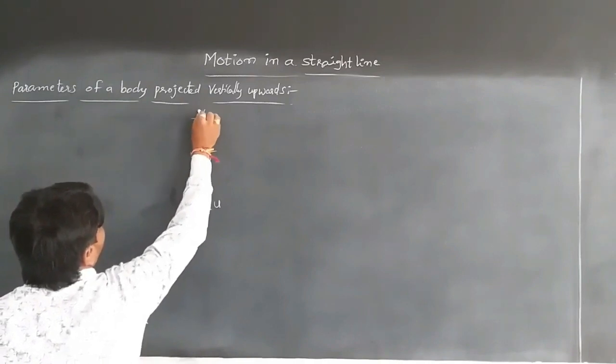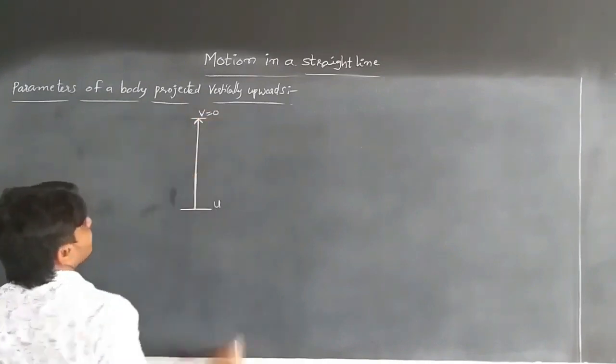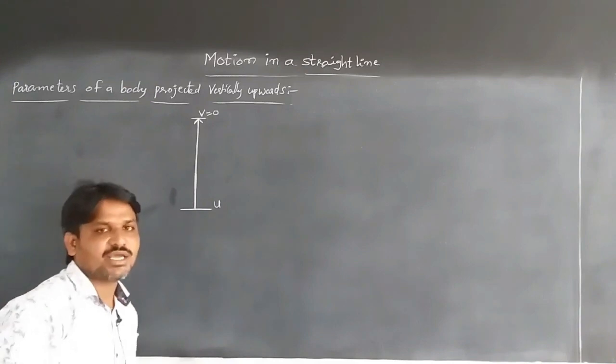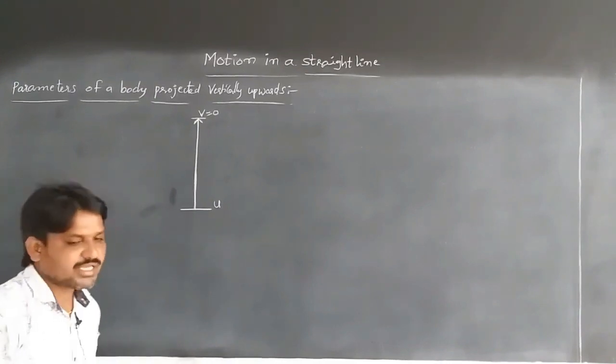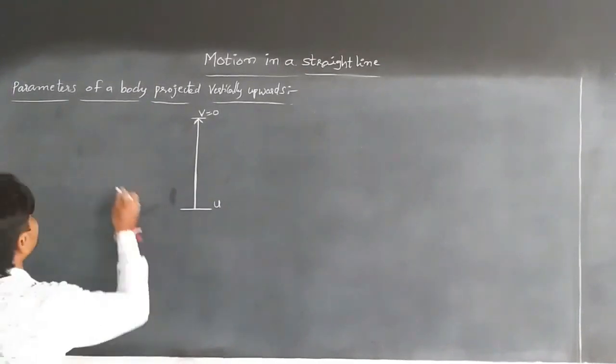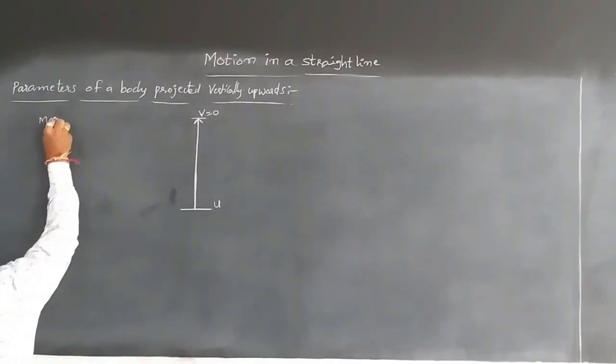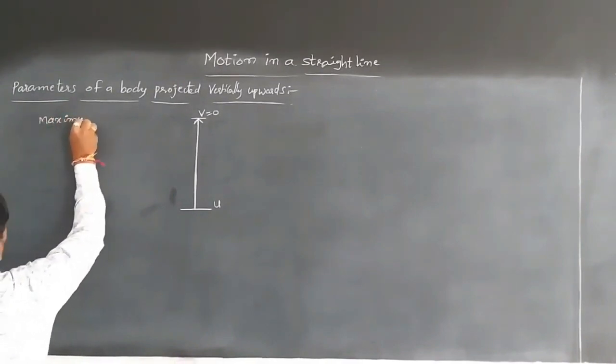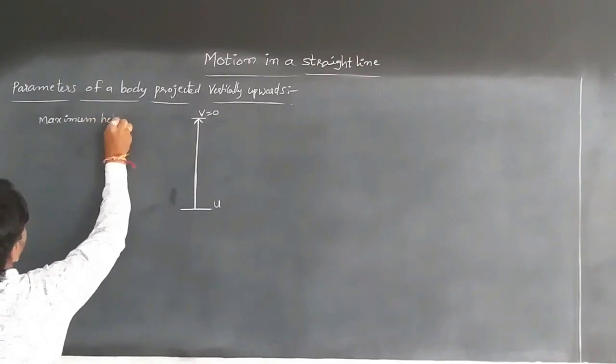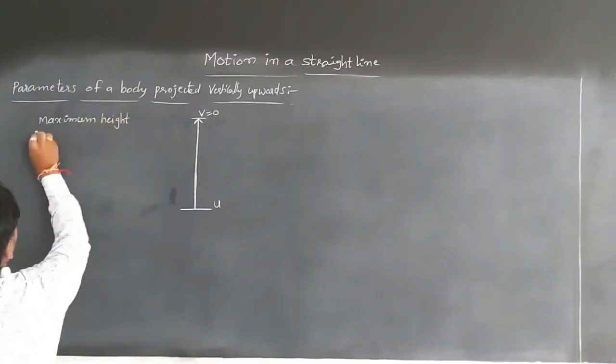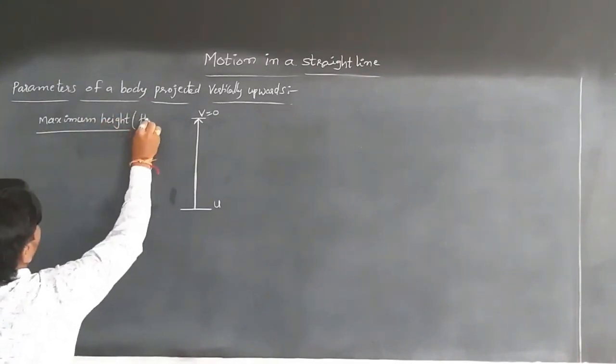At maximum height, the velocity becomes 0. So the first parameter involved is the maximum height, denoted by h maximum.